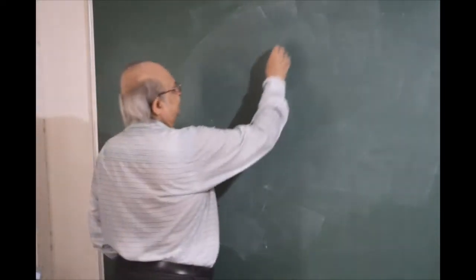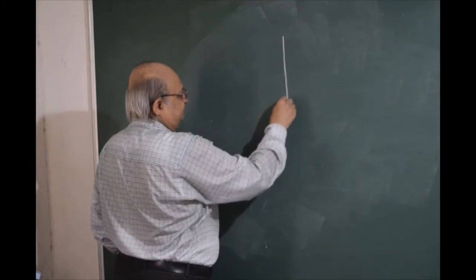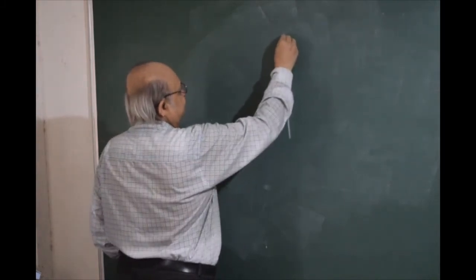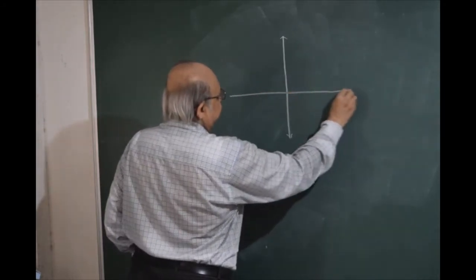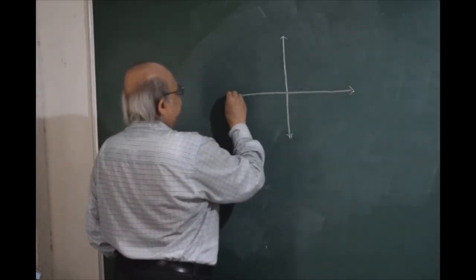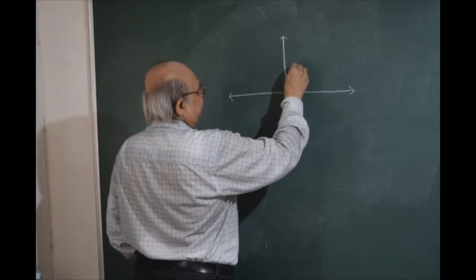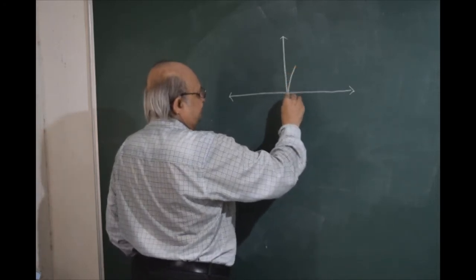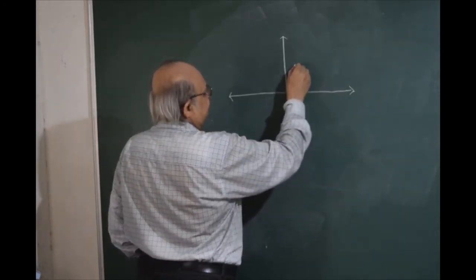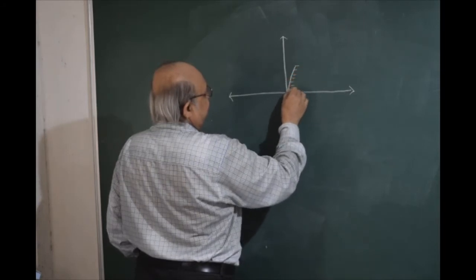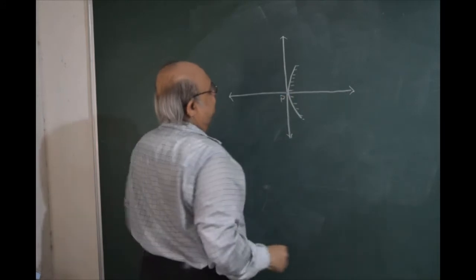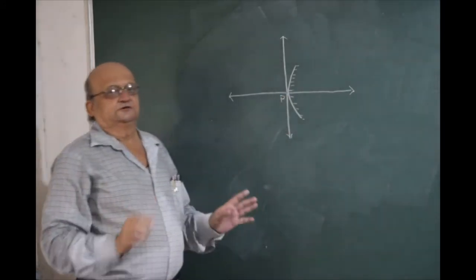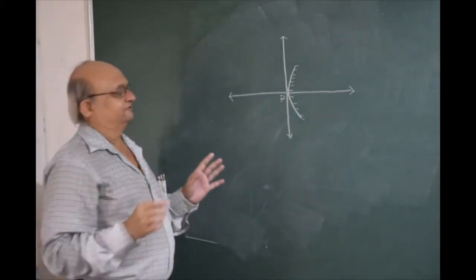We will again have the Cartesian plane. And now we require a convex mirror, and therefore the pole will be somewhere here. Again 0, 0. All distances to be measured from the pole.